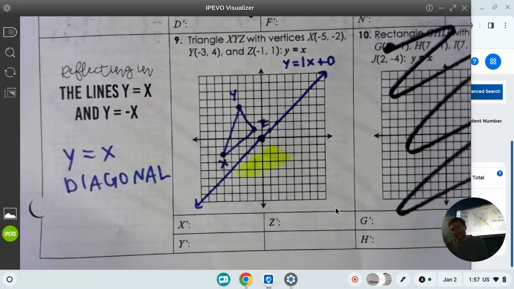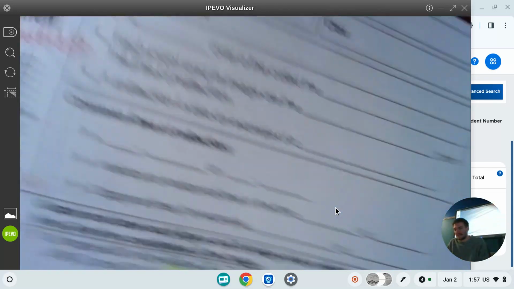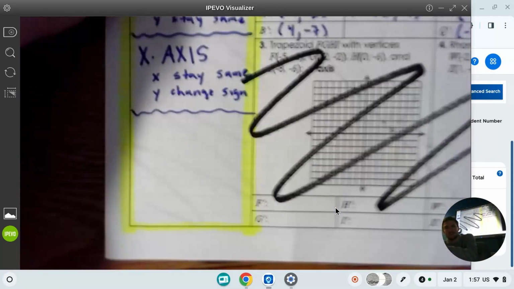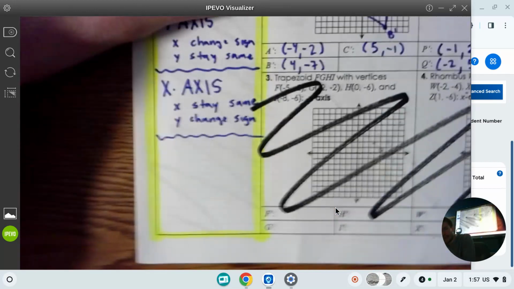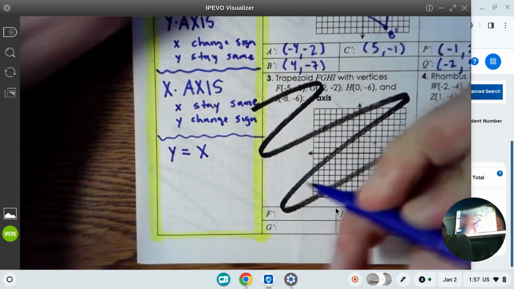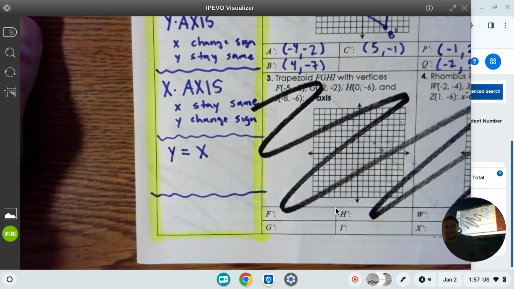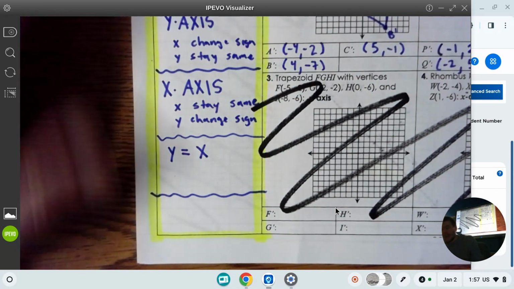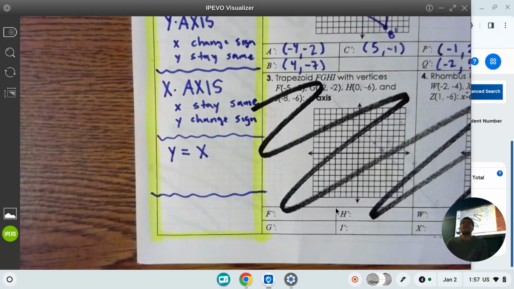So here is the rule. I'm going to go back just because this is where we're going to keep all our information in one place. We know the rule for the y-axis, the rule for the x-axis. Let's put y equals x. And the rule for the line y equals x is literally in the name here.